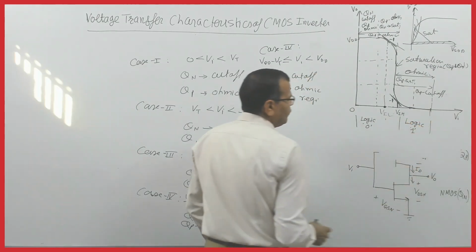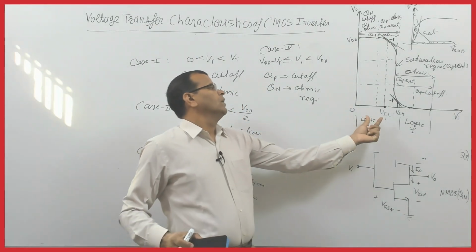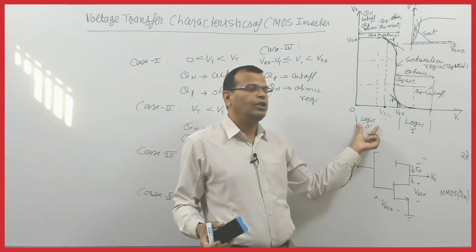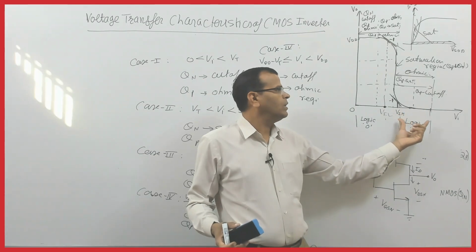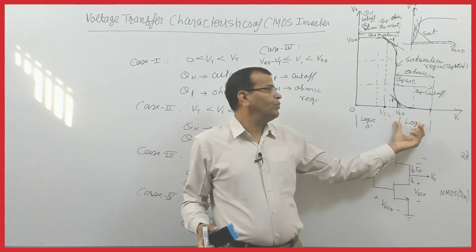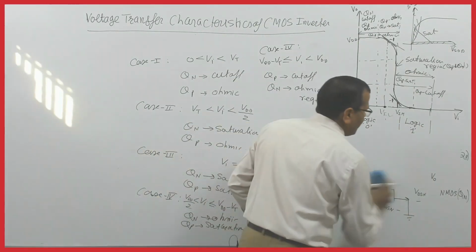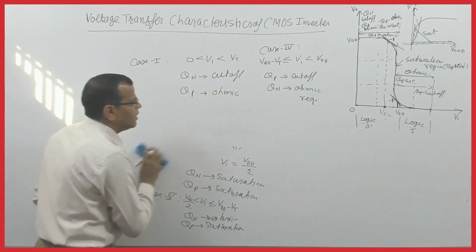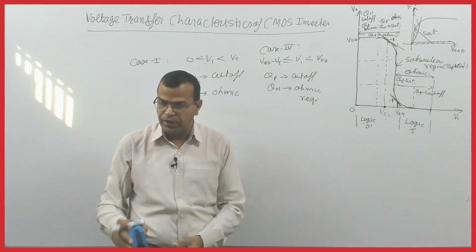So what is VIL? VIL is the highest level of input voltage for logic 0. VIH is the lowest level of input voltage for logic 1. Fine. Now, we will see the relevance of these two voltages. This is important.